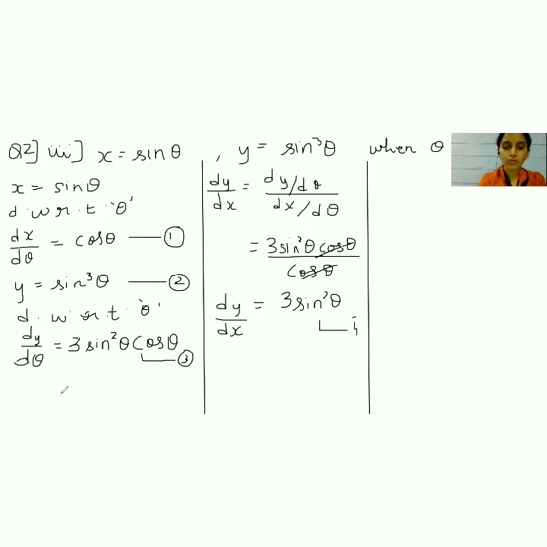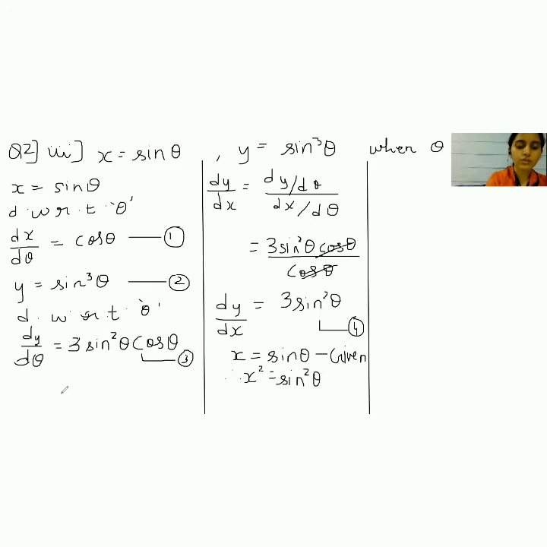Okay, now what did I say? When we have to do d2y, we need to express sin square theta in terms of x or y. So here I can write sin square theta as, x is equal to sin theta. Okay, reason could be given, right? Therefore x square is equal to sin square theta.